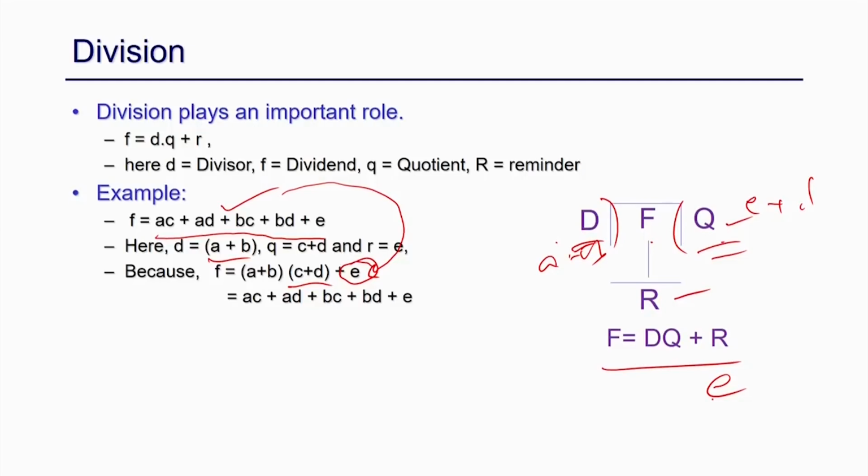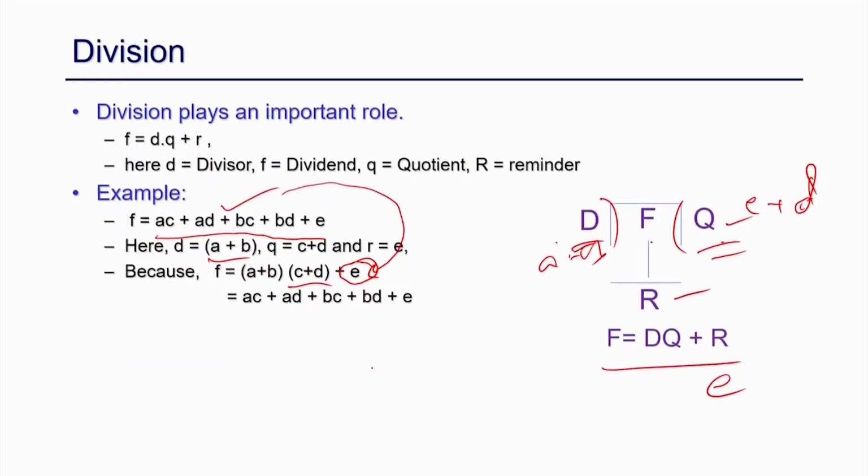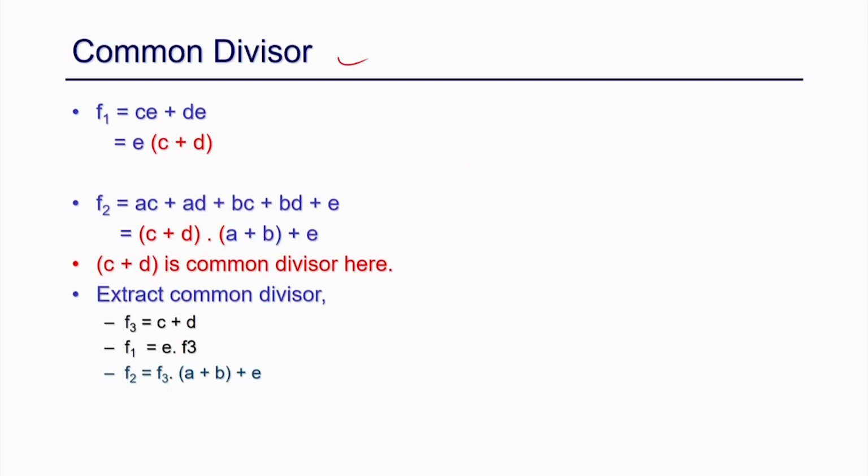Now, the question is how to apply this division algorithm to find the common sub expression. The question is the common divisor. If two expressions have some common divisor, then that is the common sub expression. For example, suppose my f1 is e into c plus d, and f2 is the same earlier one, which is represented by this.